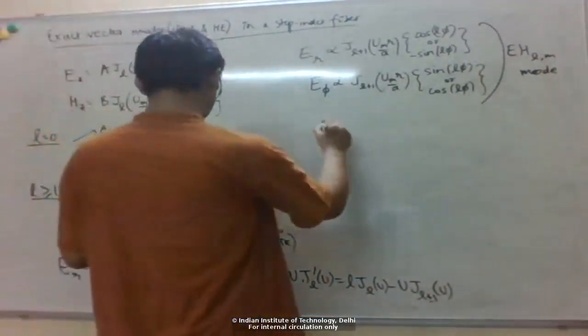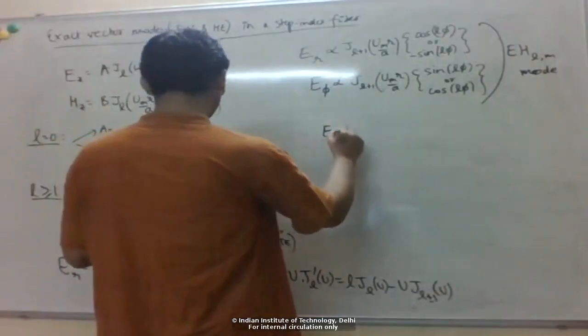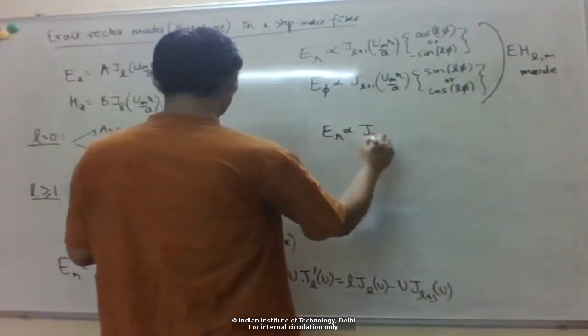If you take the other sign, ER goes as J L minus 1.